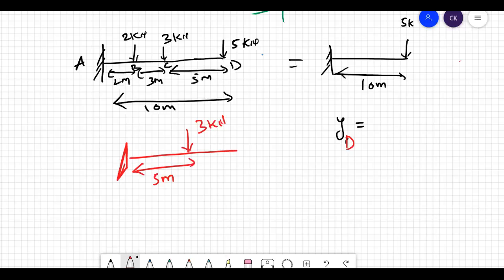And I need to find out the deflection at YD only. The maximum deflection needs to be found at YD only. So we are splitting the problem into 3 steps. First one is 5 kilonewtons. Second one is 3 kilonewtons, and the third one is 2 kilonewtons again.